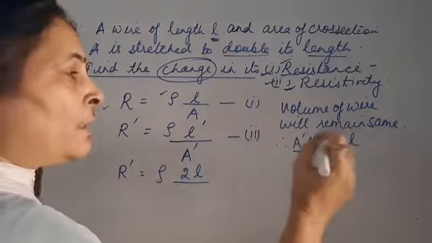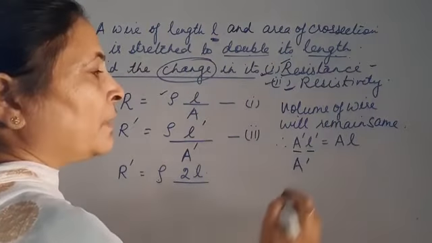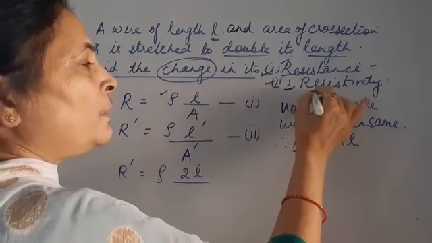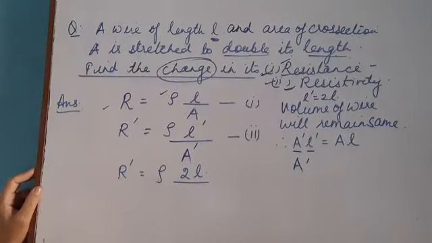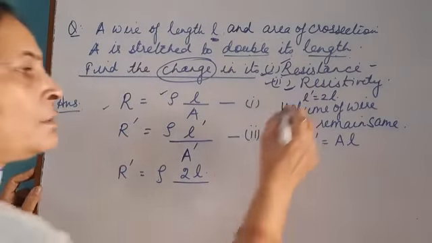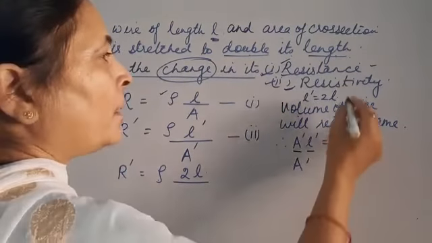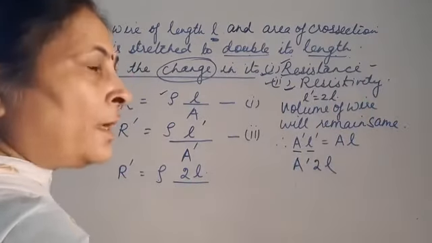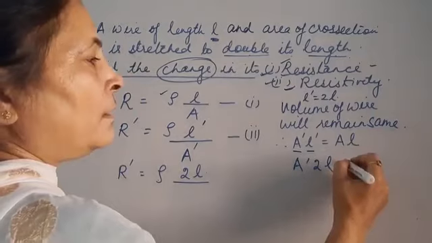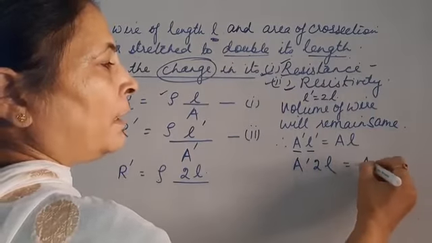A dash I have to calculate. L dash is already given to me as 2L. So in place of L dash, I'll write 2L. A dash times 2L is equal to AL.